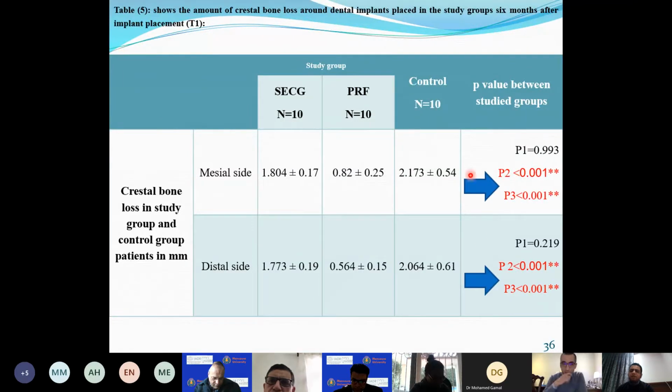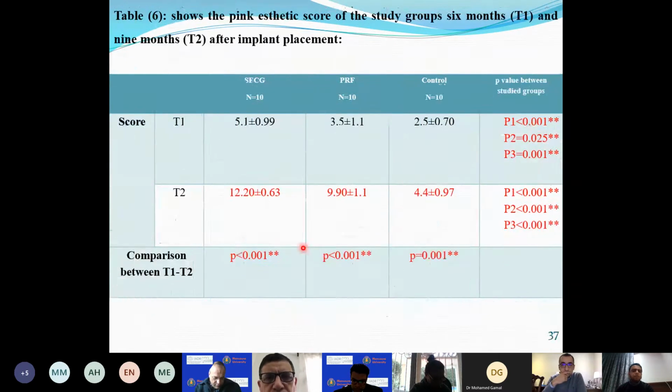There was high significant difference between the PRF side and the control group patients and between both sides of the study group patients. Table 6 shows the Pink Esthetic Score of the study group 6 months and 9 months after implant placement. There was high significant difference in both sides of the study group and in the control group patients, with much improvement in the subepithelial connective tissue graft side, followed by the PRF side, then the control group patients.